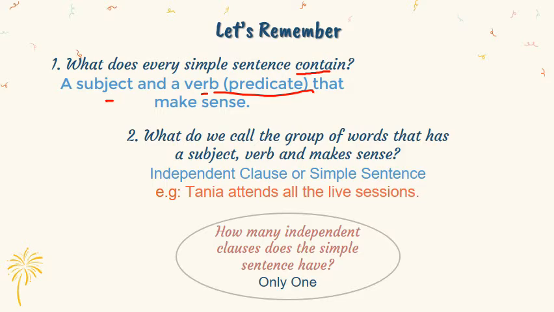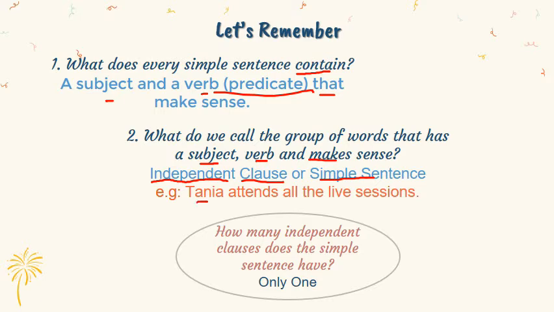And as we said, it should have a complete thought or idea, so it has to make sense. Now, what do we call the group of words that has a subject, verb, and makes sense? We call them a simple sentence, or also called an independent clause. Okay, so independent clause also means simple sentence.